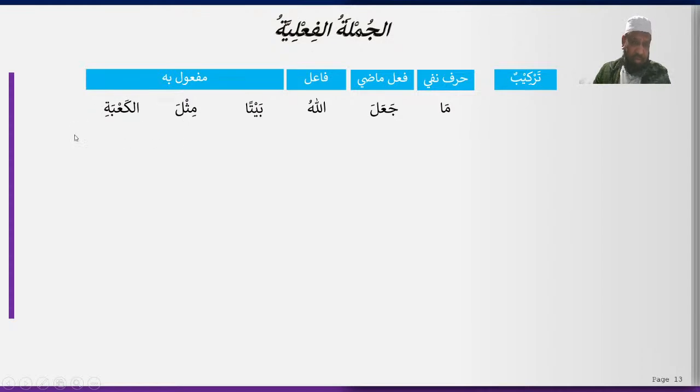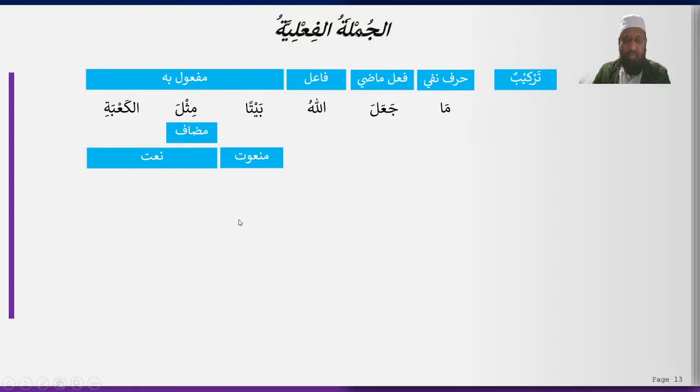Another one is مضاف ومضاف إليه. So بيتا منعوت, مثل الكعبة نعت. So in that we have a phrase made of مضاف and مضاف إليه. Okay, translate this. ما جعل الله بيتا مثل الكعبة.